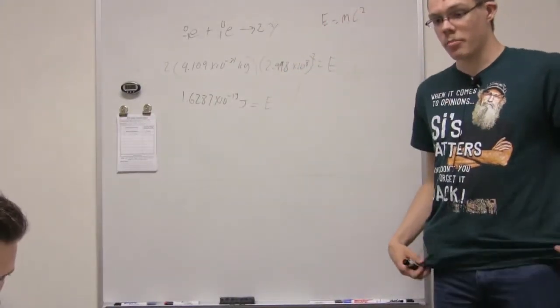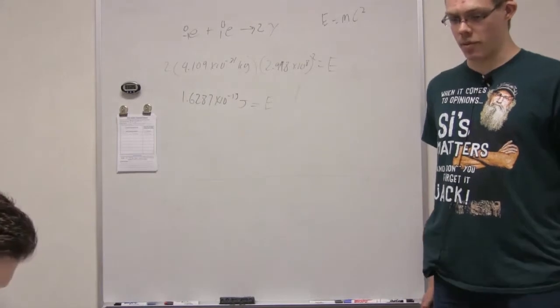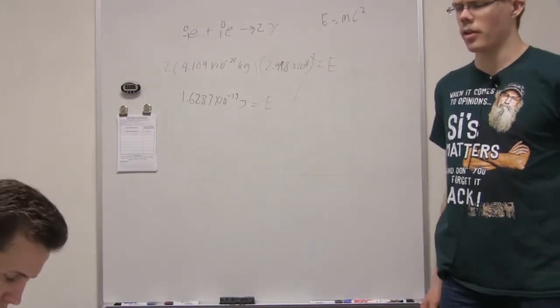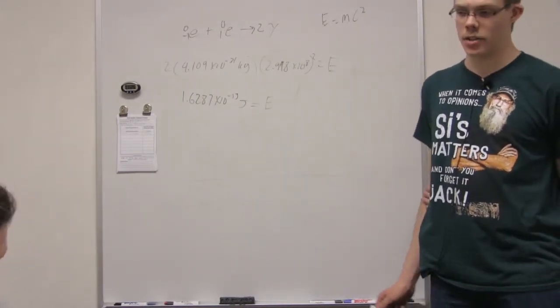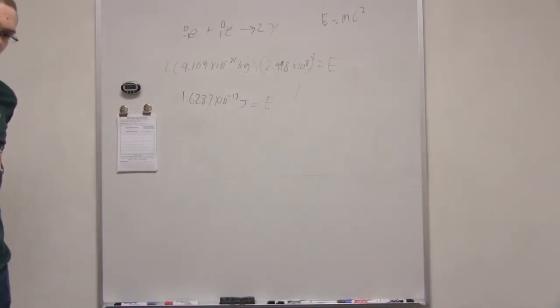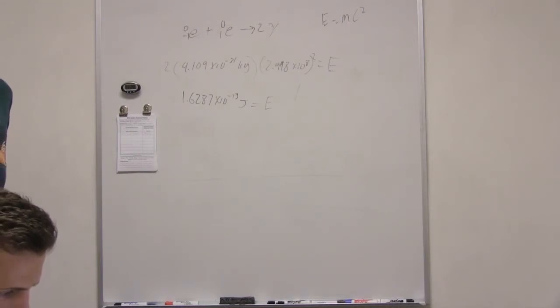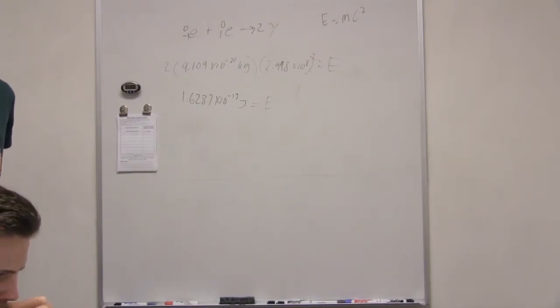Yes. The second part is that they want to know the frequency of the gamma radiation. Calculating the frequency of the gamma rays produced. The way you can do that is, basically frequency is analogous to energy.